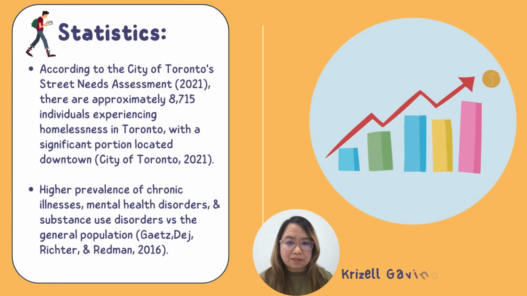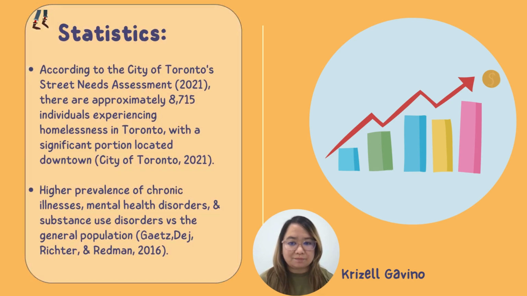Statistics provided by the City of Toronto Street Needs Assessment in 2021 indicate that nearly 8,715 individuals are experiencing homelessness, with a significant number residing in downtown. Epidemiological studies further highlight that those experiencing homelessness have a higher prevalence of chronic illnesses, mental health disorders, and substance use disorder compared to the general population.